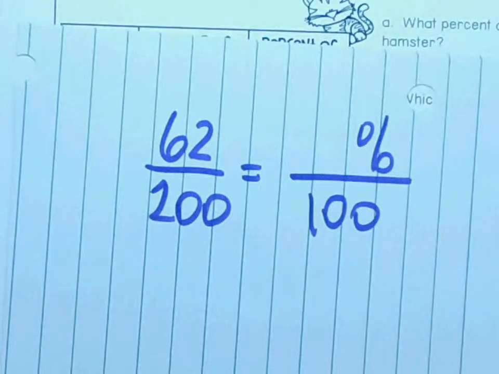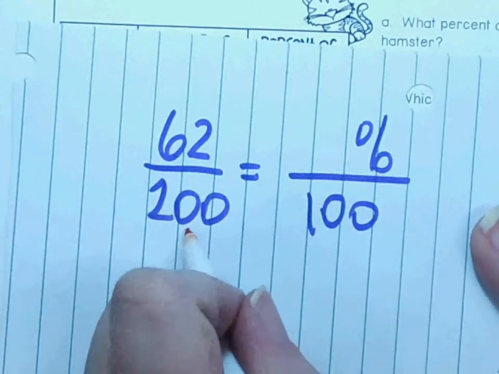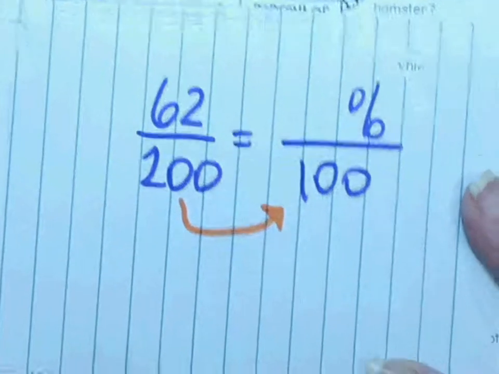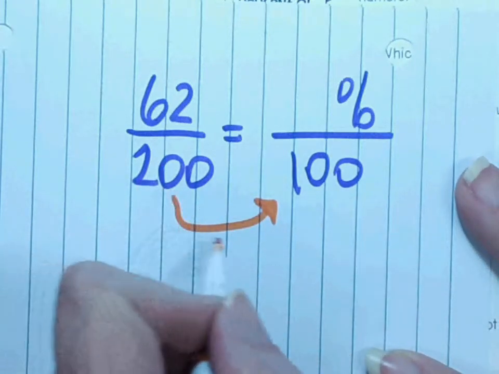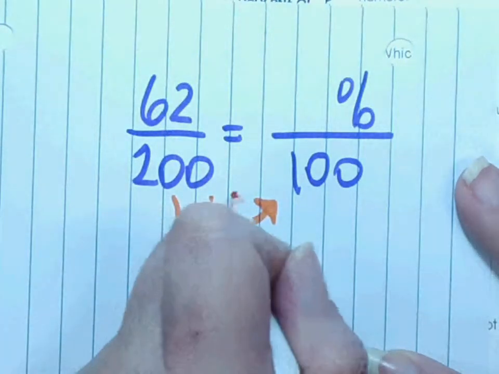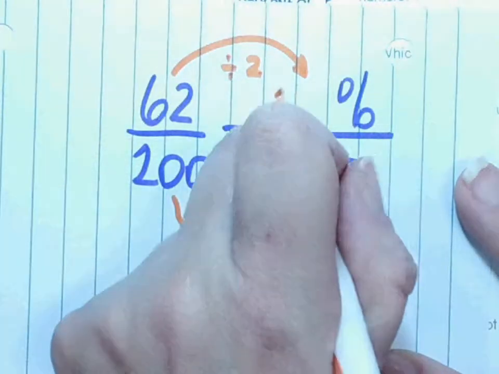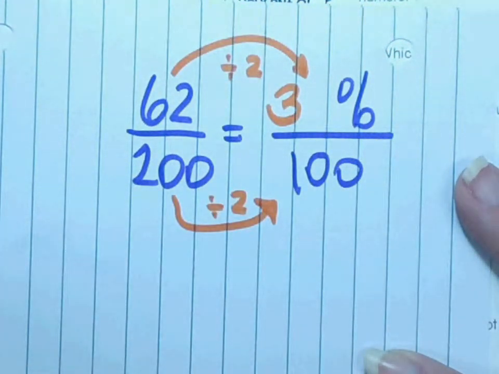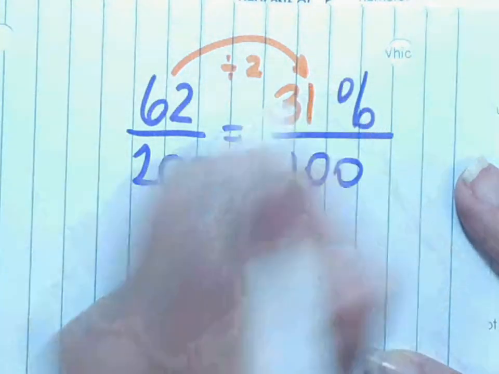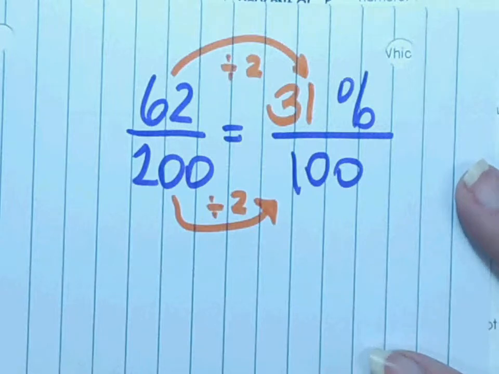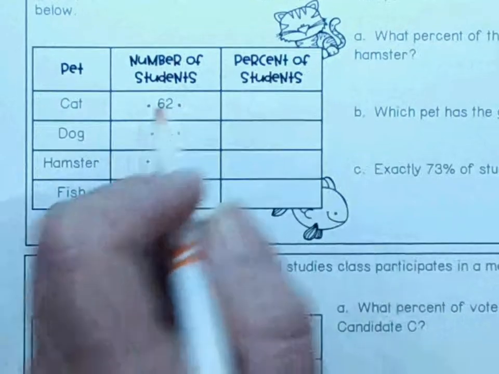Now to solve this, we're going to be looking at some patterns, and this one is pretty easy to see. How do I get from 200 to 100? 200 to 100, I'm going to divide by 2. So what is 62 divided by 2? 31. So 31% of the students have a cat.